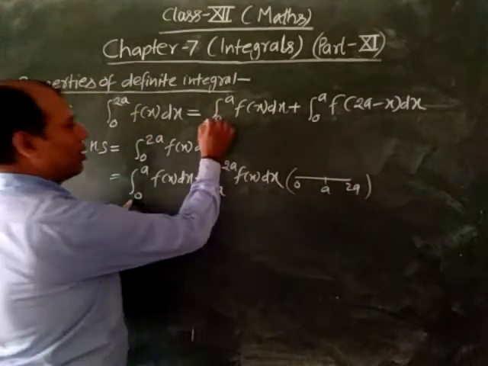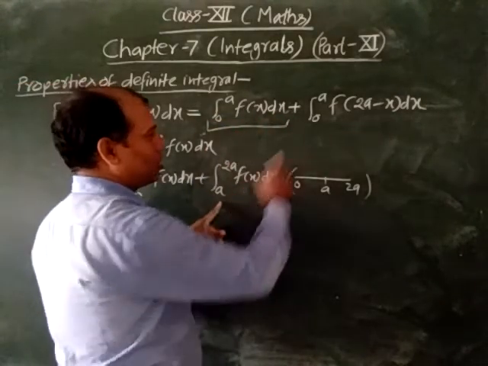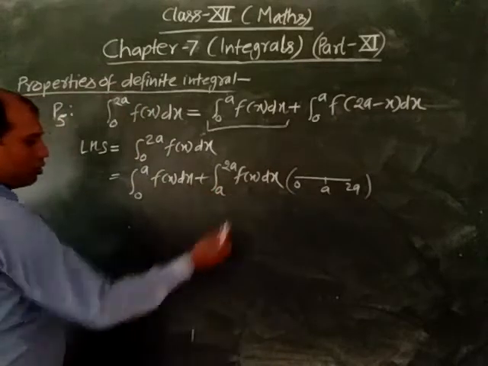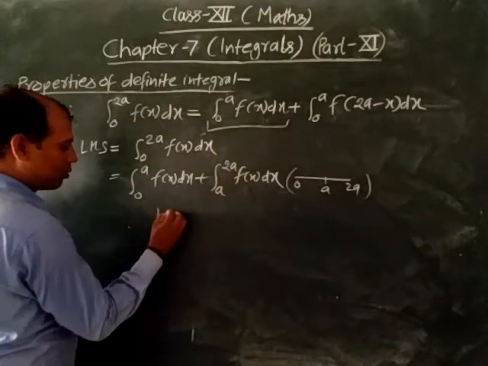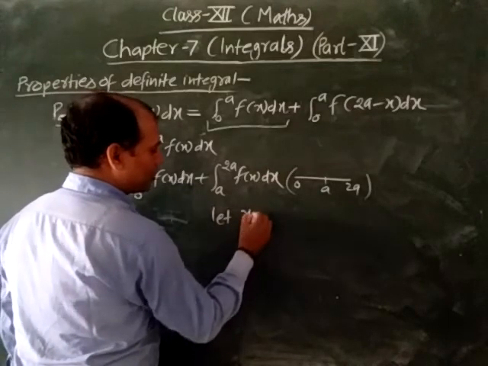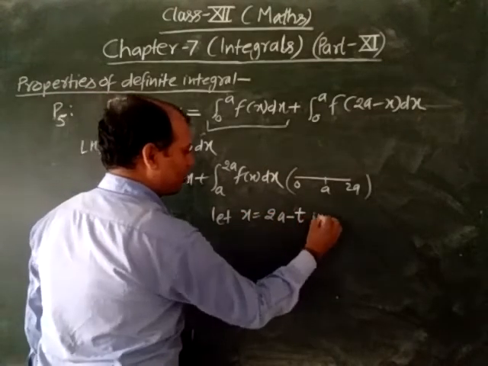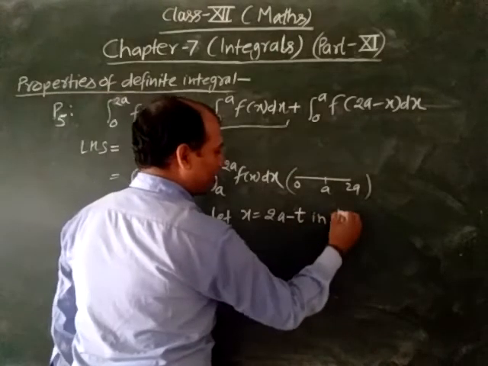Now we get the first part of RHS. Now we transform this into this form. So let x equal to 2a minus t in the second integral.